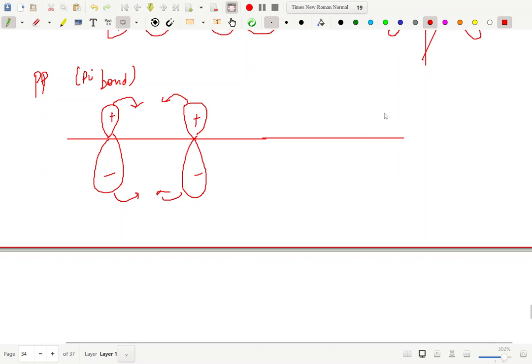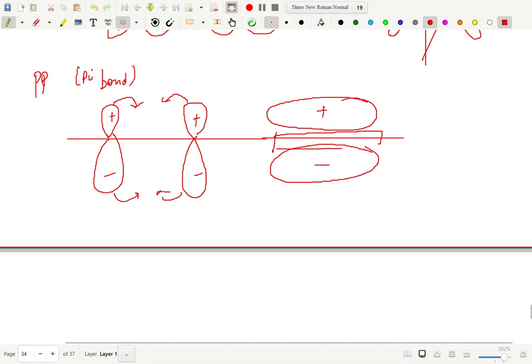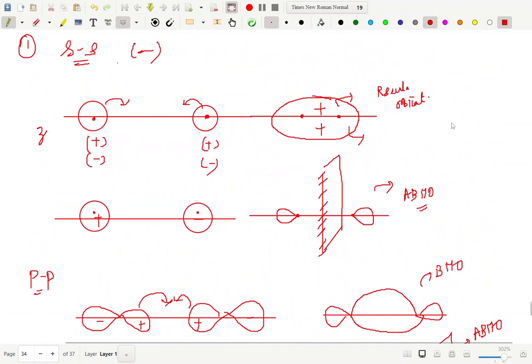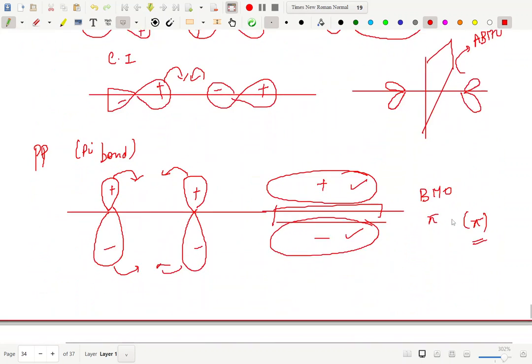We get a resultant orbital which has this kind of electron density, positive and negative. We still have a nodal plane here, okay, but we have electron density above and below the plane. This is called the bonding molecular orbital in the case of a pi bond, okay. You call this a pi. Above, you call this one a sigma and this one a sigma star, okay.